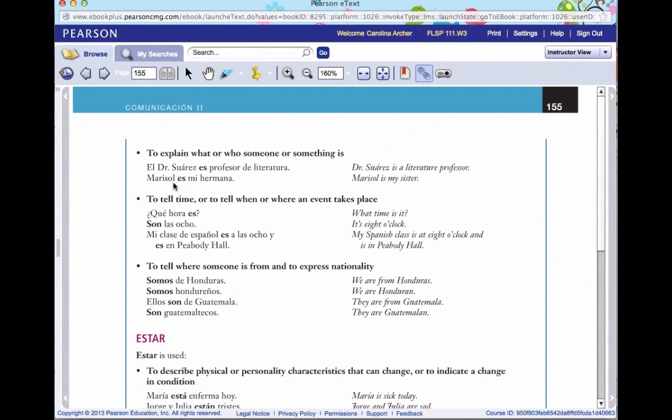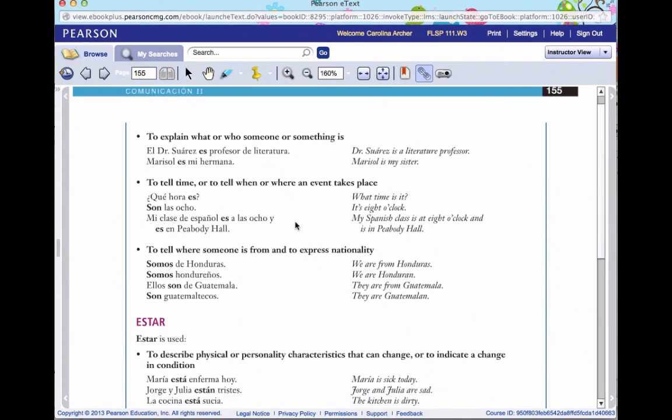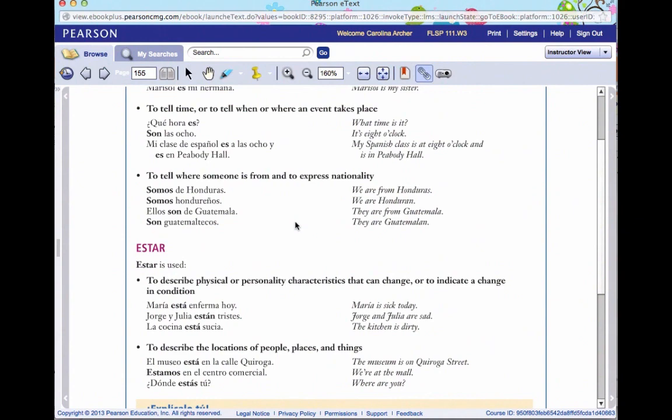So es mi hermana, we use the verb es. To tell time or to tell when or where an event takes place: ¿qué hora es? Son las 8. Mi clase de español es a las 8 y es en Peabody Hall. So es to say where something is going to take place. La fiesta es en mi casa.